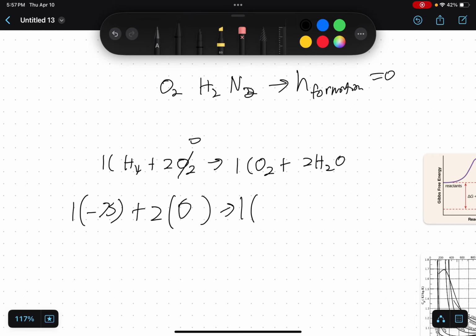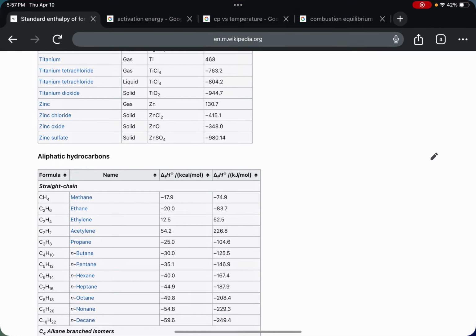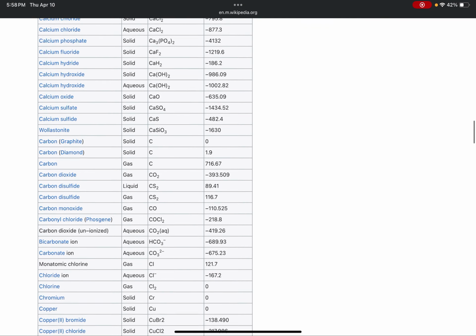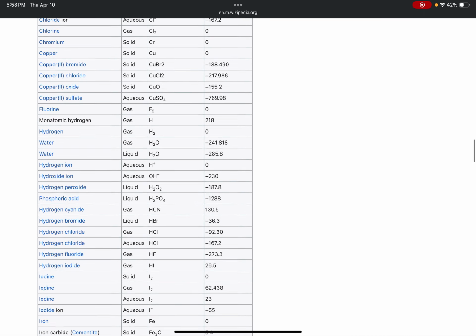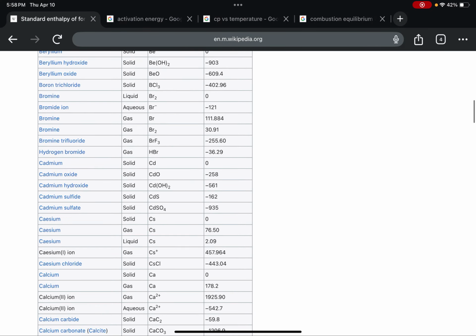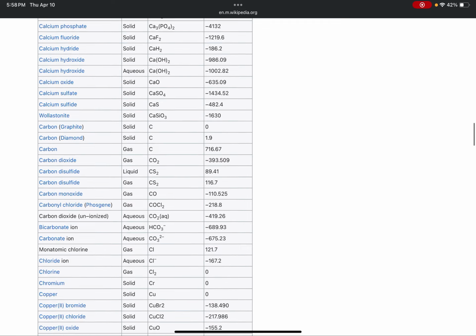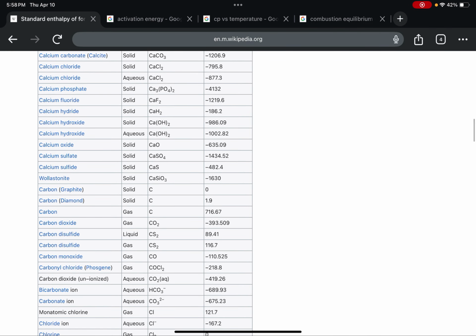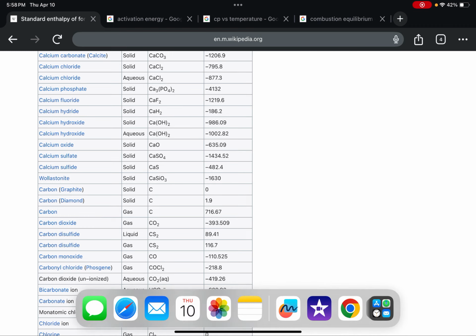CO2, 1 times, where are you? There we go. Carbon dioxide, we'll go with the gas, so negative 394.